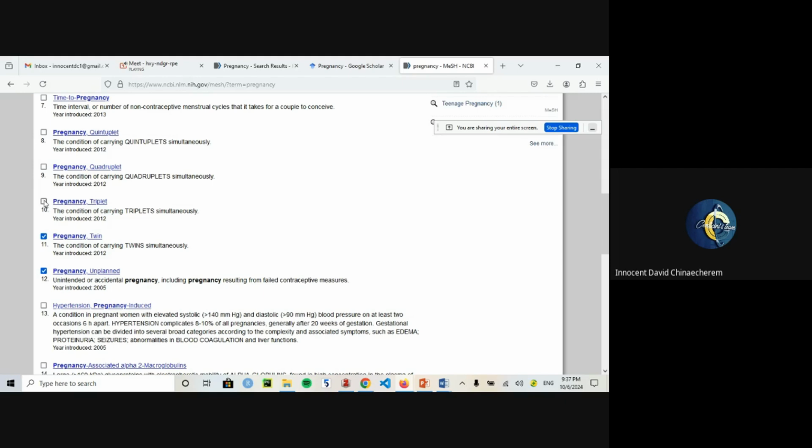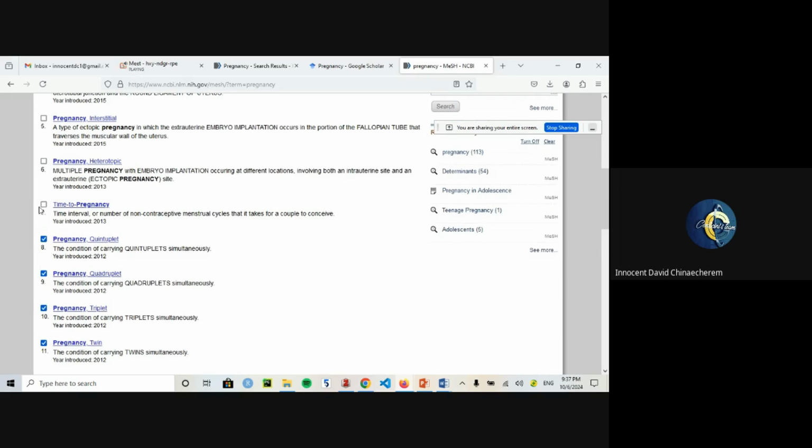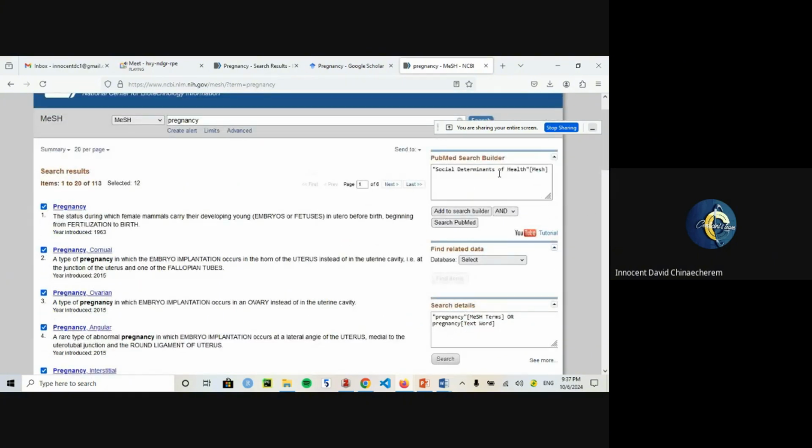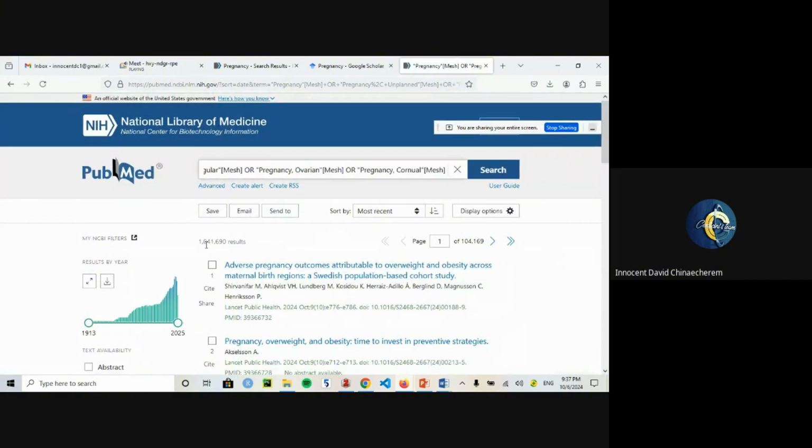So I'm going to pick it up here, then I'm going to go up. Then you mark 2, 3, right? Oh, sorry, I just made a mistake. You separate with OR, then you add all of them to the search, then search, right? So when you search it on PubMed, the same thing, I got almost 1 million results.